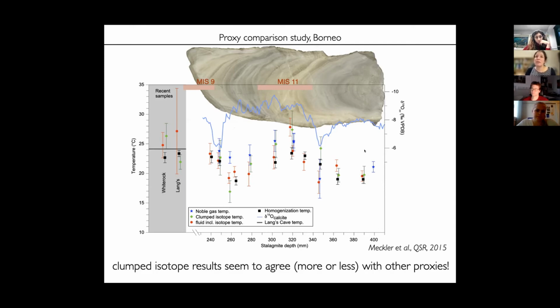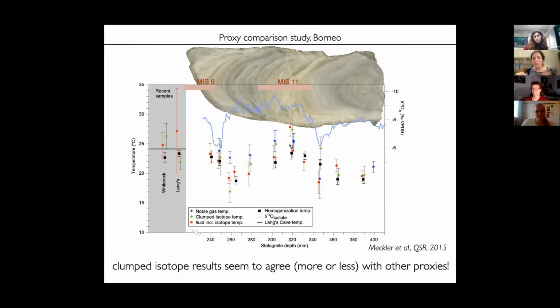And what you see here are the 4 different temperature proxies in the colored symbols. You see this glacial, interglacial, glacial, and interglacial temperature evolution. I also plotted the calcite delta 18O that doesn't show the glacial-interglacial difference, but that's a different story. But what I wanted to show this for is that the green symbols, the clumped isotope temperatures, agree actually quite well with the other proxies.